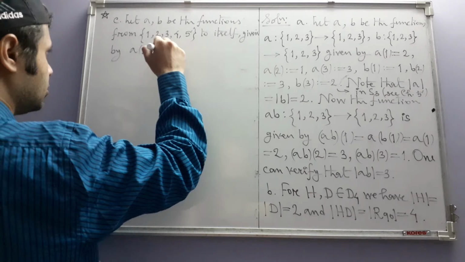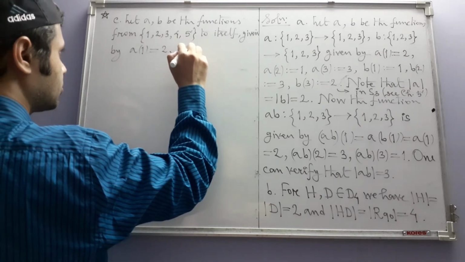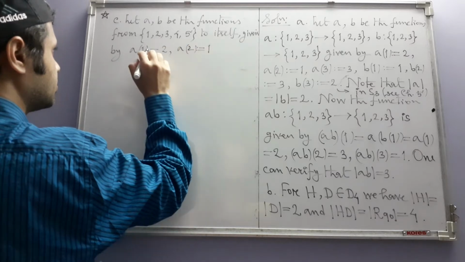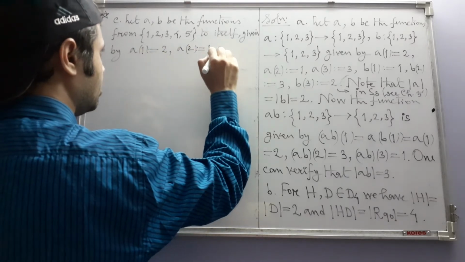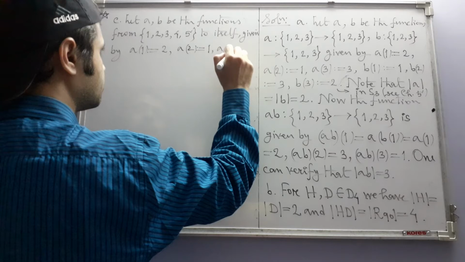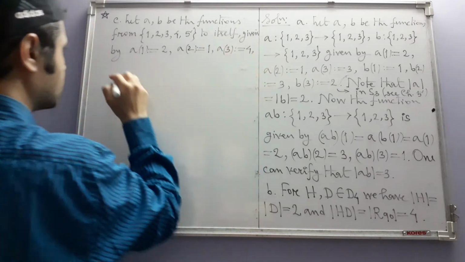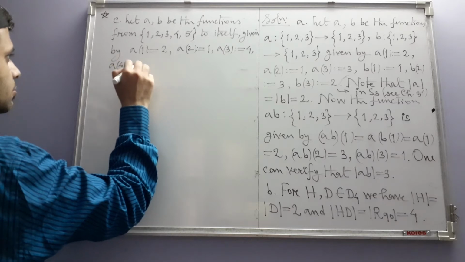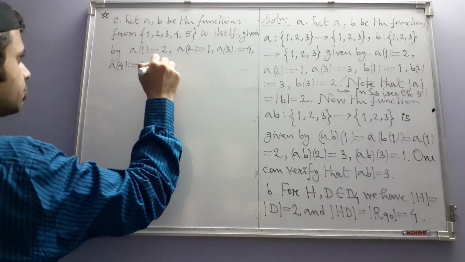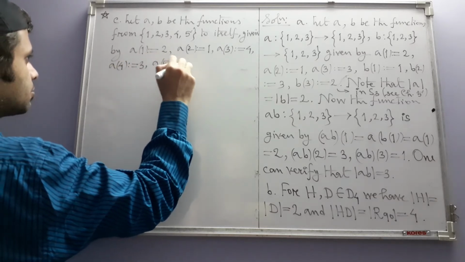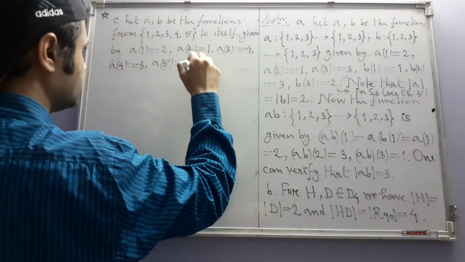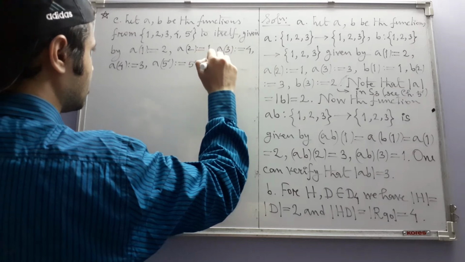So A of 1 is 2, A of 2 is 1, A of 3 is 4, A of 4 is 3, and A of 5 is 5. Okay, like that.